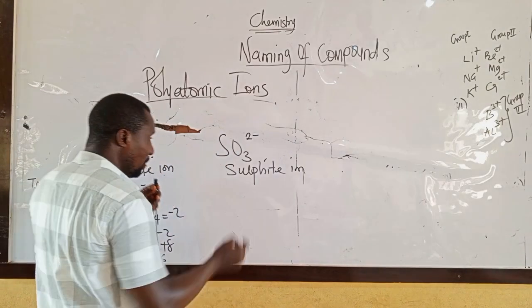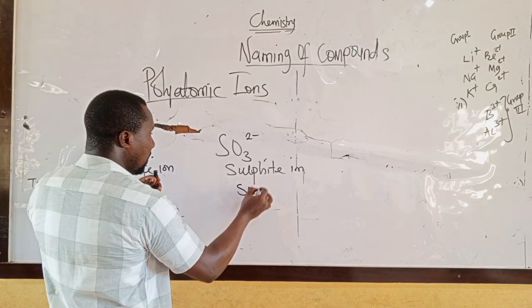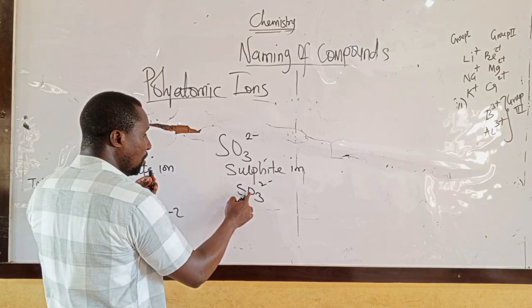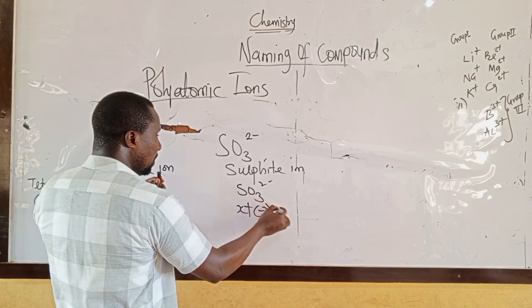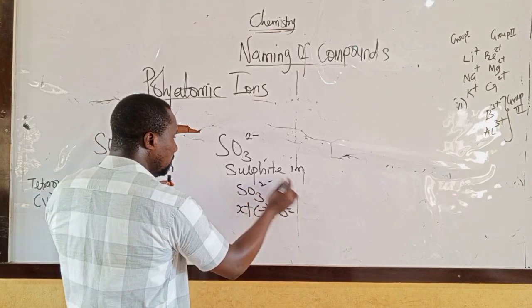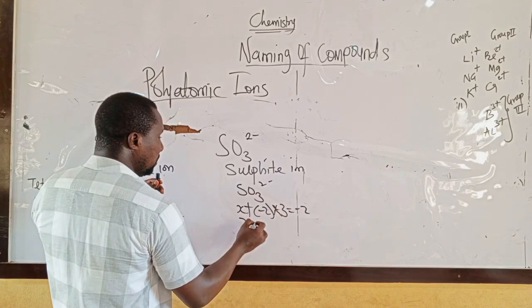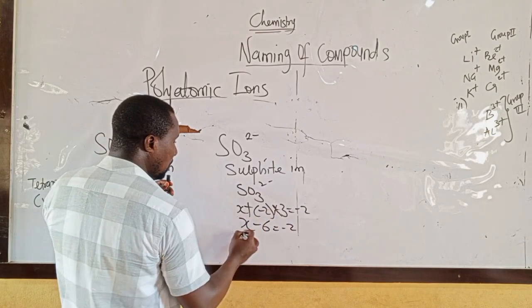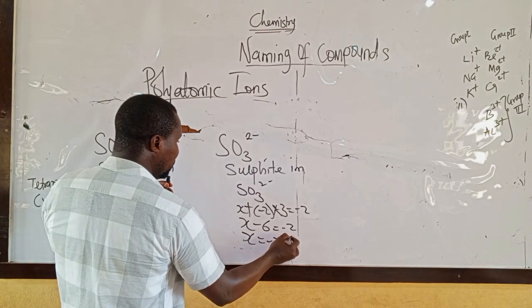Another name for this one: we calculate the oxidation number of this. You have X plus the oxidation number of oxygen, minus 2, times 3 oxygen, equals the charge, minus 2. S plus minus 2 times 3, minus 6. S equals minus 2 plus 6.